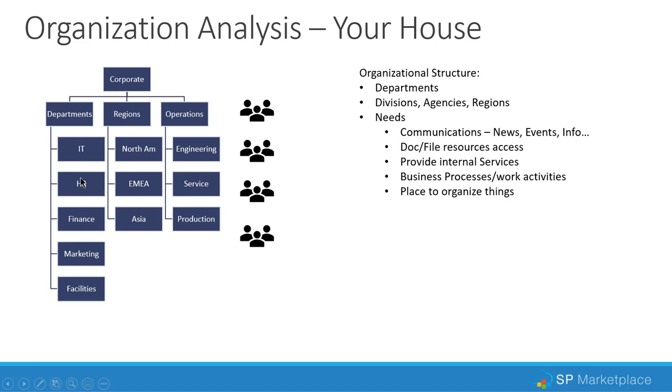And there may be communications that just stay within the functions of IT or HR or whatever and are shared between those teams. You need to have a consistent way in these different departments to organize documents and files, things that are really just for department use.